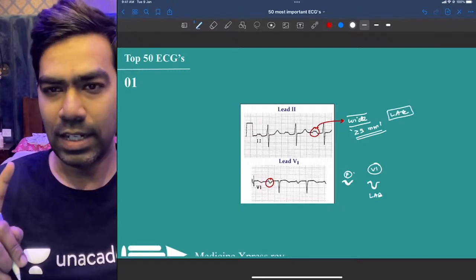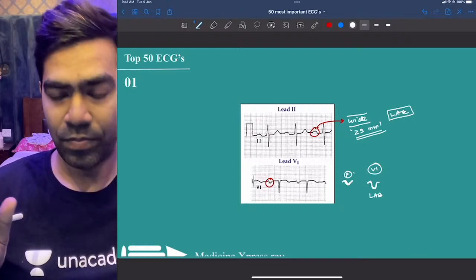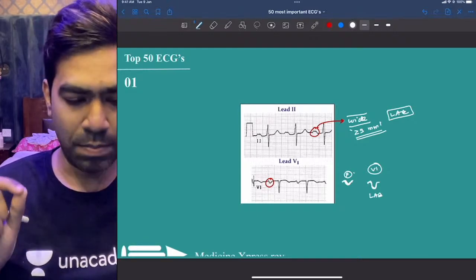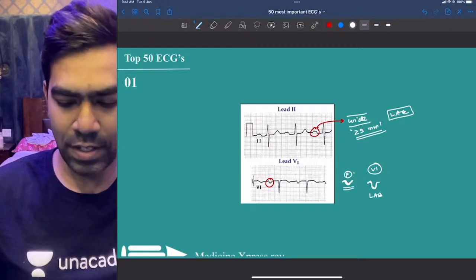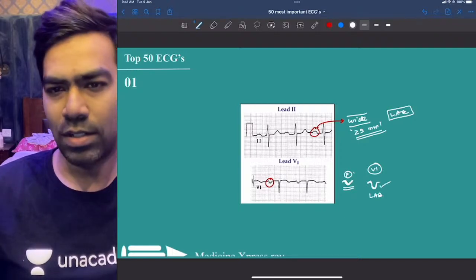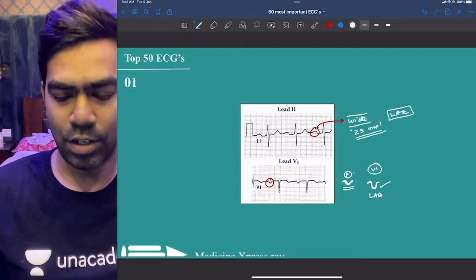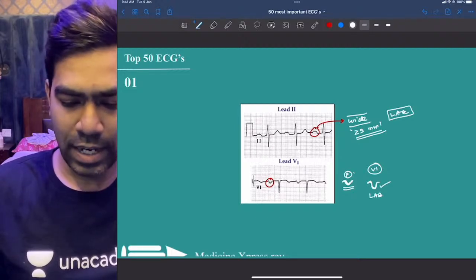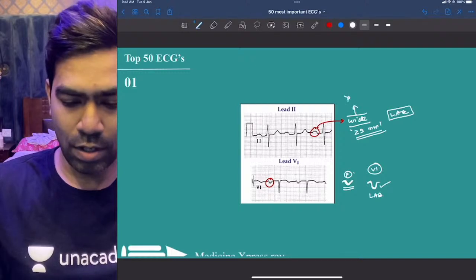One is in lead 2, if your P wave length is more than or equal to 3 millimeter, and in lead V1, if you see a predominantly negative complex, normally it should be biphasic, but if you see a prominent negative complex in V1, that is more suggestive of a left atrial enlargement rather than a right atrial enlargement.